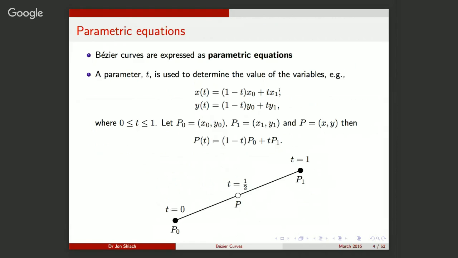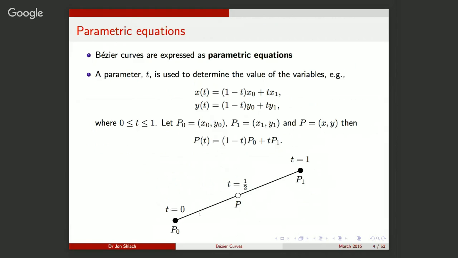So t can take on any value as long as it's between 0 and 1. And we can calculate coordinates of points on that line, x and y, based on that parameter t.